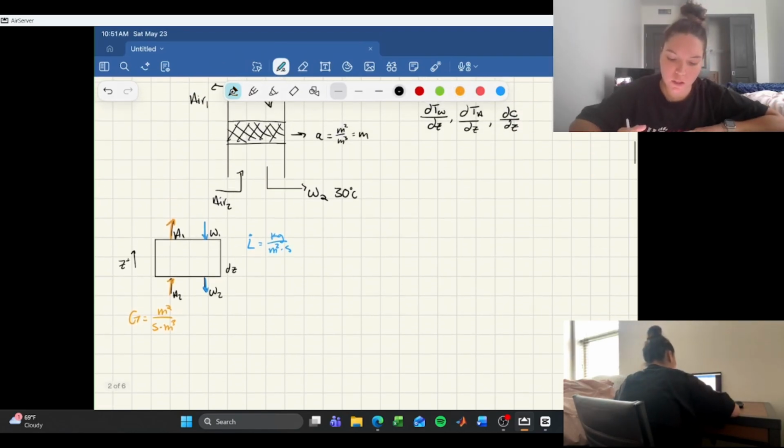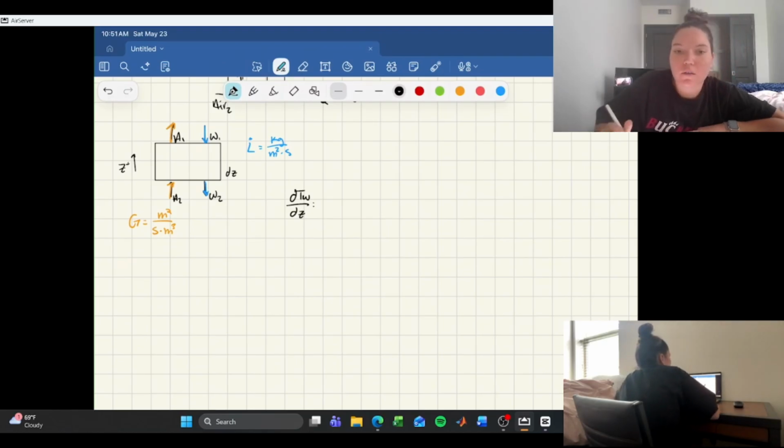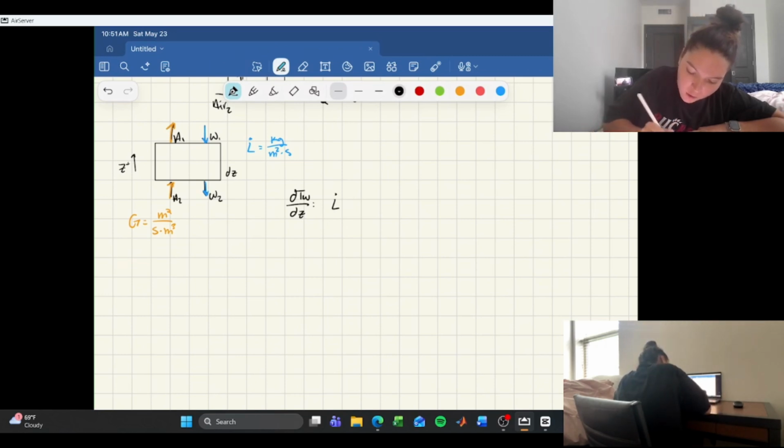So first, remember we said we wanted to solve for the change in the temperature of water with respect to position. To do this, we're going to look first at the change in thermal energy. So we're going to have the liquid flow rate times the heat capacity times the area times the change in the temperature of the water.